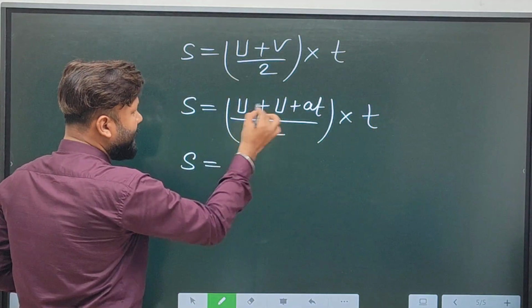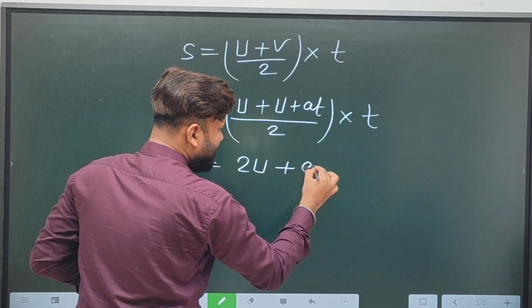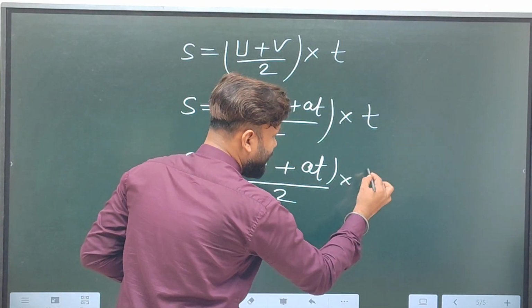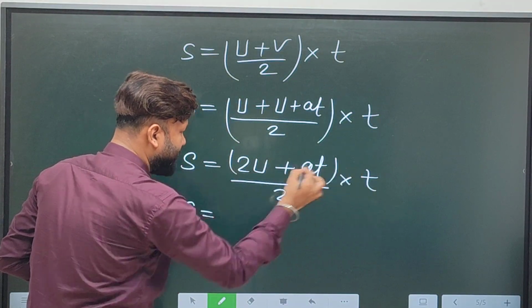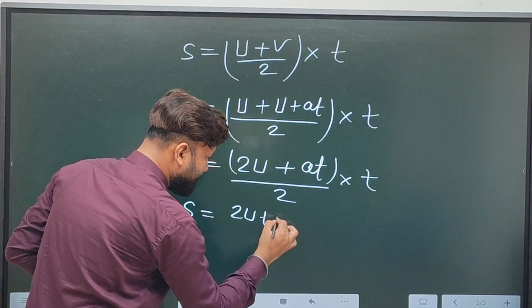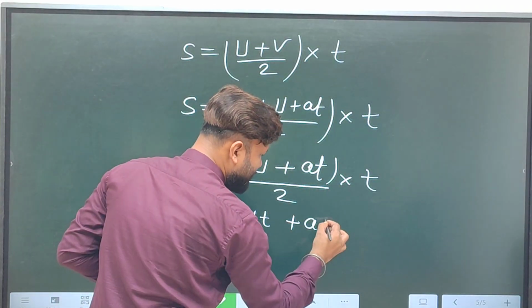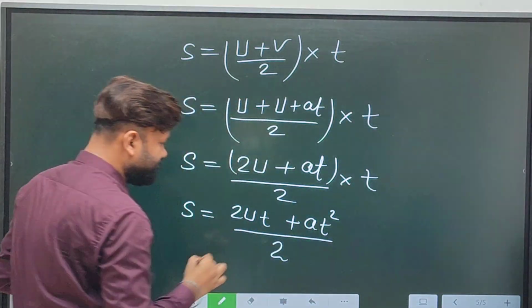Now u and u will get added, so 2u plus at divided by 2 multiply t. So s is equal to 2u multiply with t, so 2ut, plus at and t multiply, then you will say at square, divided by 2.